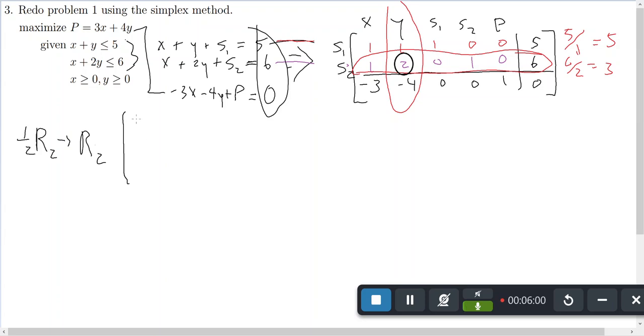So copying row 1: 1, 1, 1, 0, 0, 5. And then copying row 3: -3, -4, 0, 0, 1, 0. Let me kind of scoot this up a little bit.